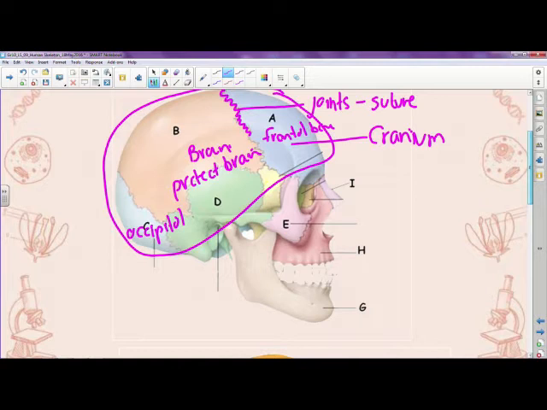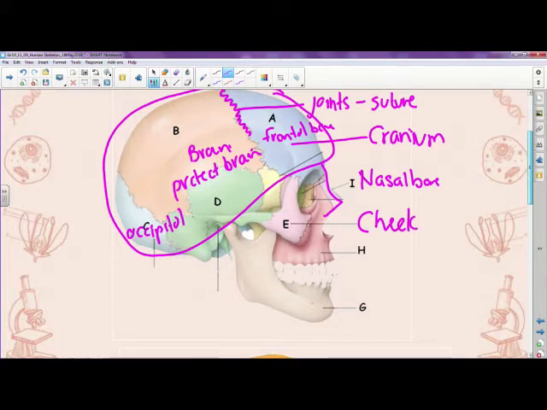So what else do I see when I'm looking at the skeleton from the side? This is going to be my nose, so this is going to be a nasal bone. Number E over here is going to be my cheek. It's got a nice big long name called the zygomatic bone.